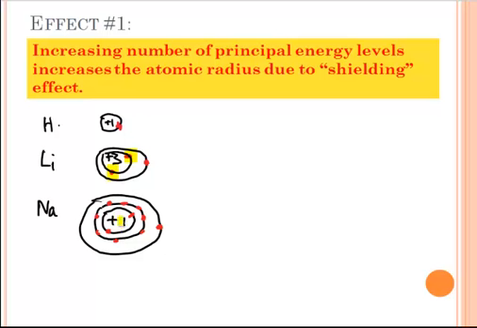These 8 are not going to feel the full +11, but fairly strong, they'll be close. But this one is going to feel much less than +11, so it's going to be further away. Let's repeat: with the increasing number of principal energy levels, as best indicated by the circular plot, the size increases significantly.